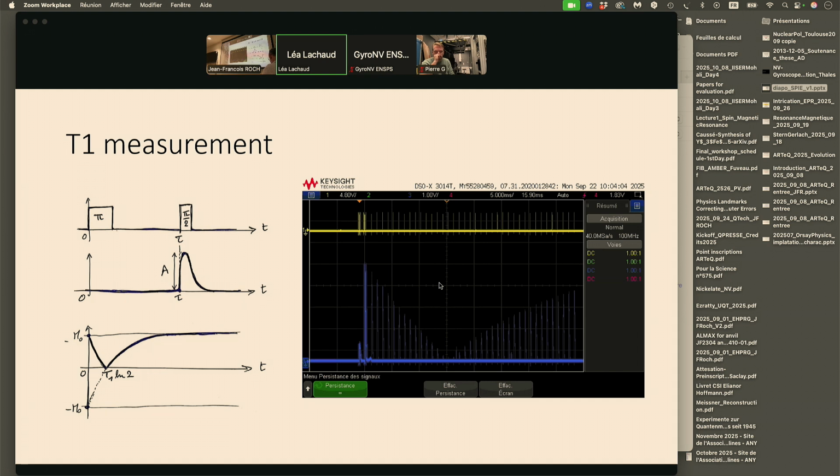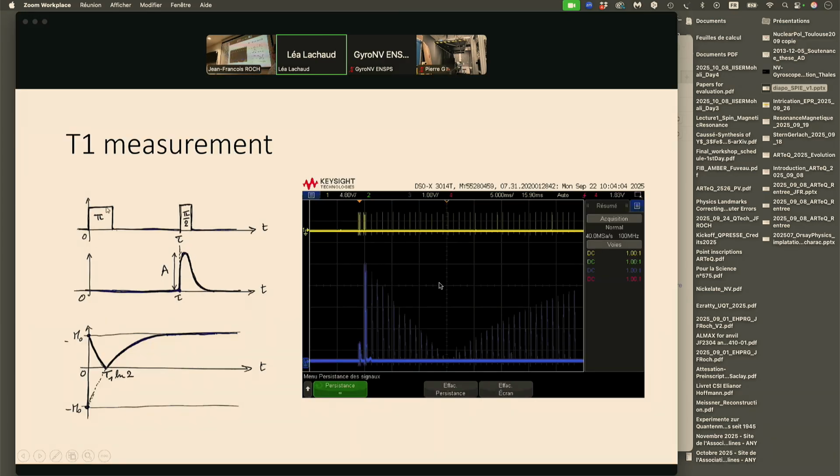The spin-lattice relaxation time reflects the coupling strength of the spins with their environment and the speed with which the spins are going to go back to the thermal equilibrium, right?